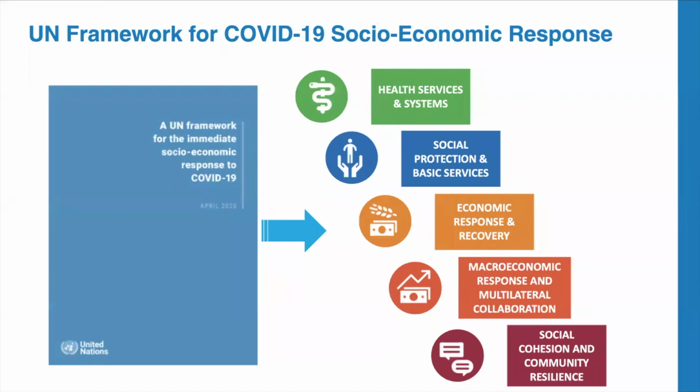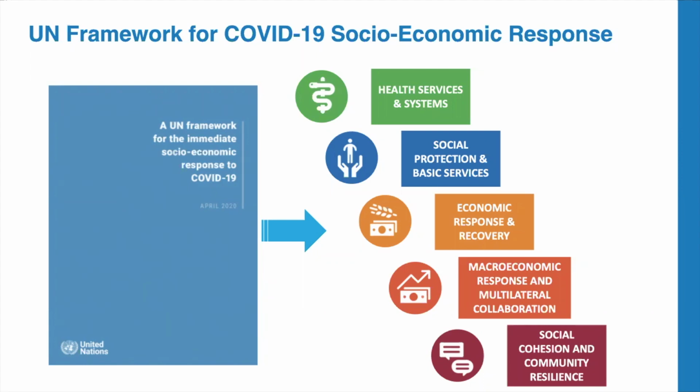This was the UN's attempt to bring an entire one UN system to respond to the very unique and rather dire circumstances that this pandemic posed in many countries around the world. In their framework, they articulated 5 pillars where the United Nations committed to taking action, but also where the United Nations invited member states, civil society organizations, researchers, and research funders to take action as well.